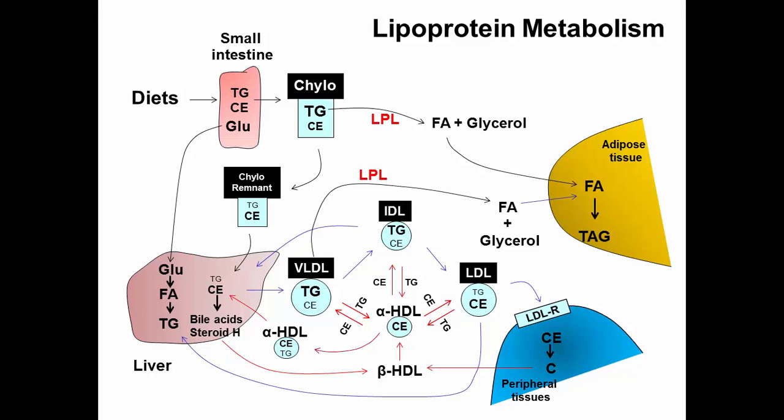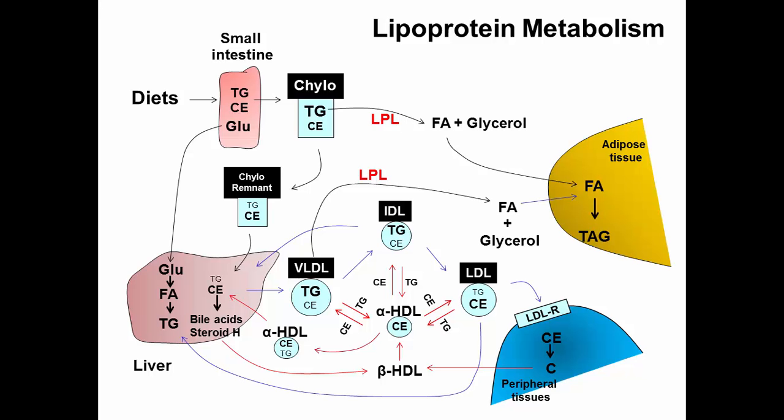Yeah, question. What do the different colors mean? Sorry, colors? Yeah. Like the blue and then the red and black arrows, what do they indicate? Oh, this. You guys recognize the blue means the transporter, the pathway of VLDL, IDL, LDL, right?